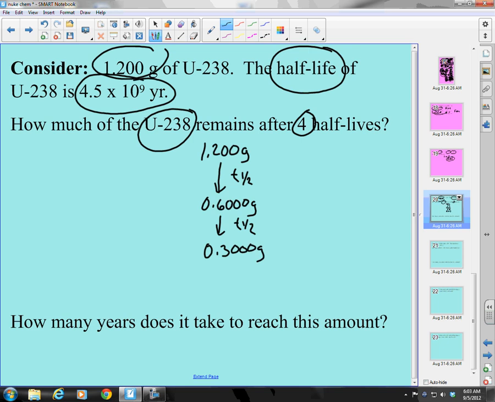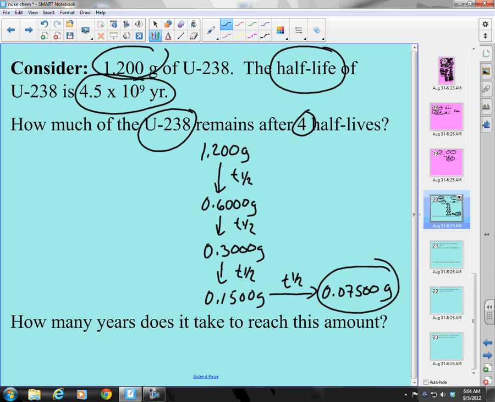After a third half-life, what's left? I divide that again by 2. 0.1500 grams. And after my fourth half-life, how much is left? We've got to divide 0.1500 by 2, 0.07500 grams. I believe that is the correct answer, right?